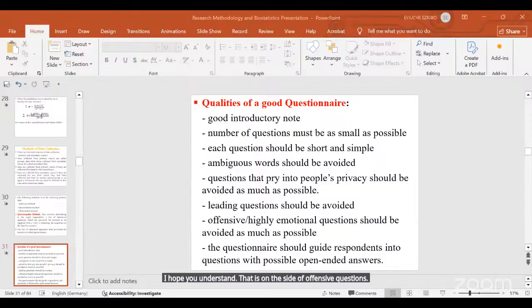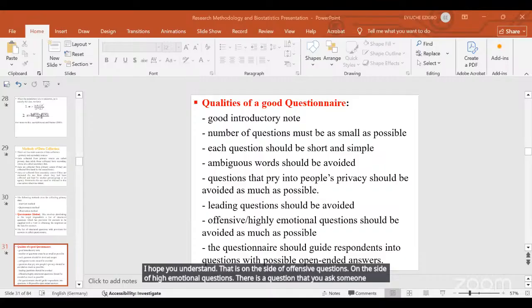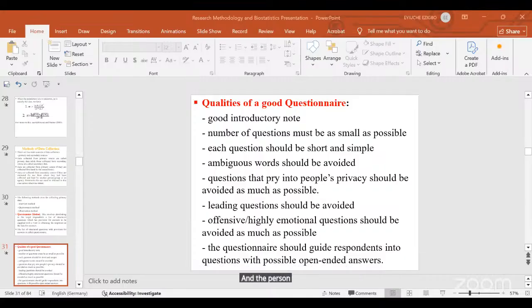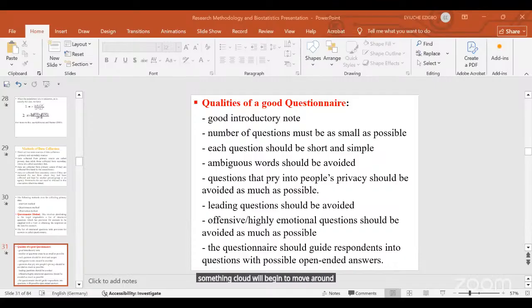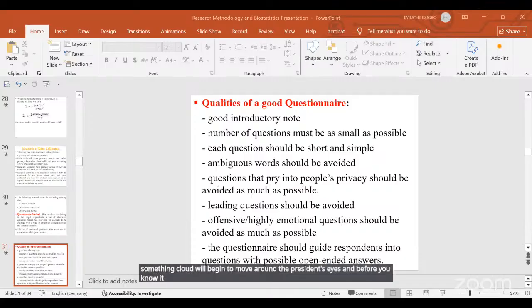On the side of highly emotional questions, there is a question that you ask someone, and the person reads the question, and before you know it, the person may even begin to cry. And in the course of crying, the person drops the questionnaire, and that person may not go back to it again. Even when he goes back to it, as he picks it again, he sees that question, and something cloud will begin to move around the person's eyes, and before you know it, he closes it again.